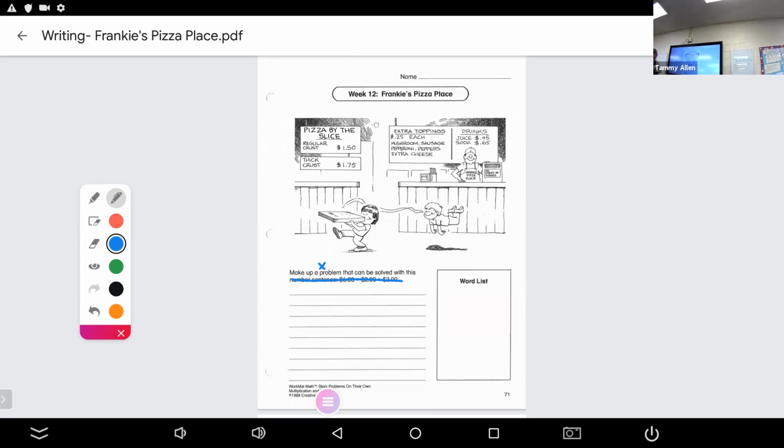We're just going to make up a multiplication problem. Let's talk about words we can use if it's a multiplication problem. Product is a word we could use, but would we use that in a story problem? Probably not. So what are some words we might use in a story problem if we want to use multiplication?